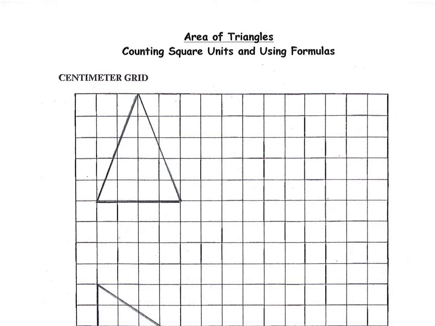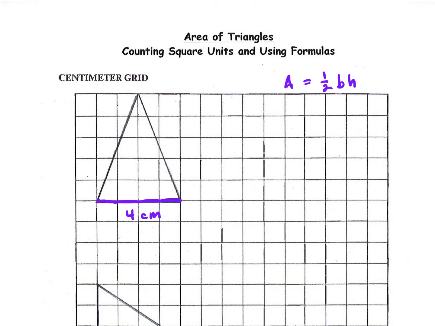So the formula for a triangle, we can use two different versions. The official formula says area equals 1/2 times the base times the height. And the base is this horizontal, well, it's not always horizontal, just in this case it is, this line, and we can see it's 1, 2, 3, 4 centimeters.